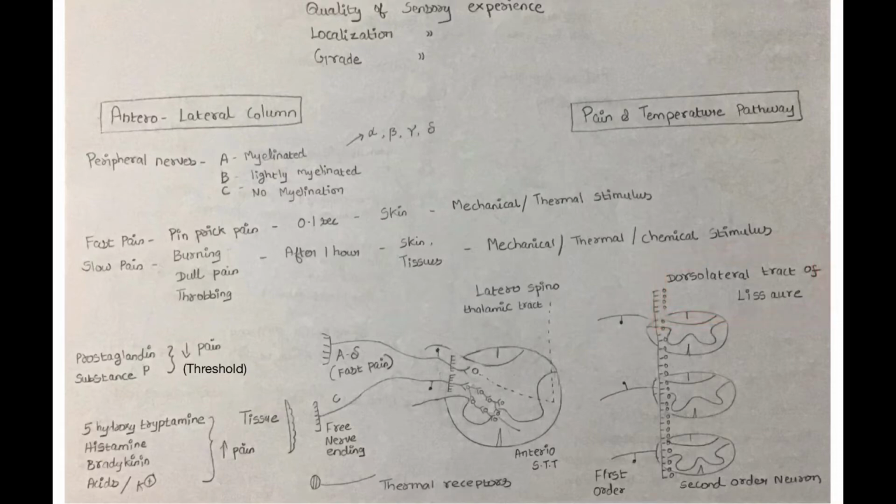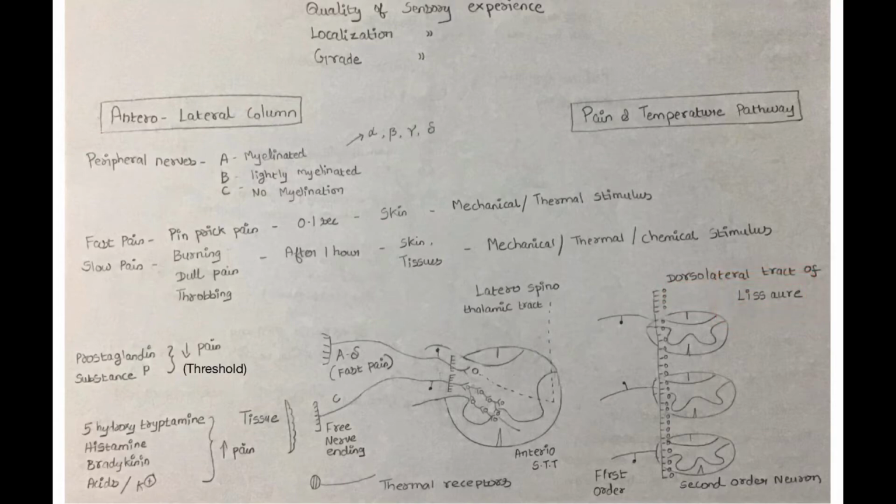If you take a spinal cord, you will see the second order neurons in the dorsal root like this, so they are arranged in this position. Since they are near the dorsal side and lateral side of the spinal cord, with the lateral side here and the anterior side here, they are named the dorsolateral tract of Lissauer.